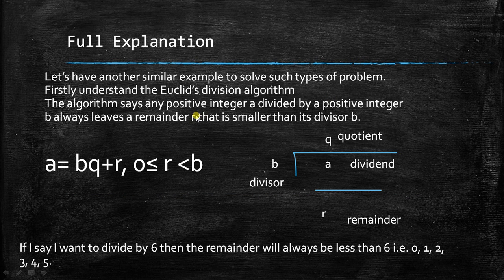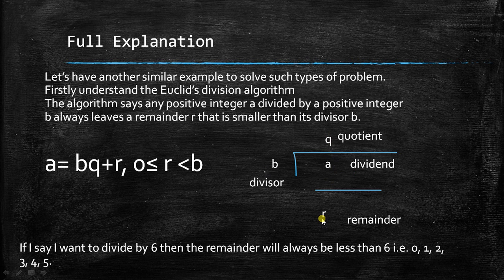Firstly, understand Euclid's division algorithm. The algorithm says any positive integer a divided by a positive integer b always leaves a remainder r that is smaller than its divisor b. For example, if I divide 10 by 3, 3 threes are 9, so the remainder is 1.